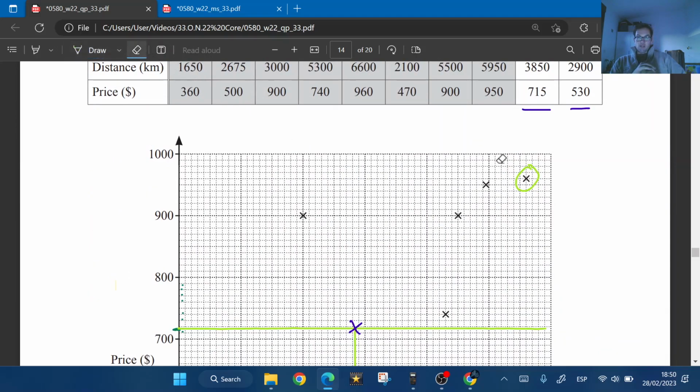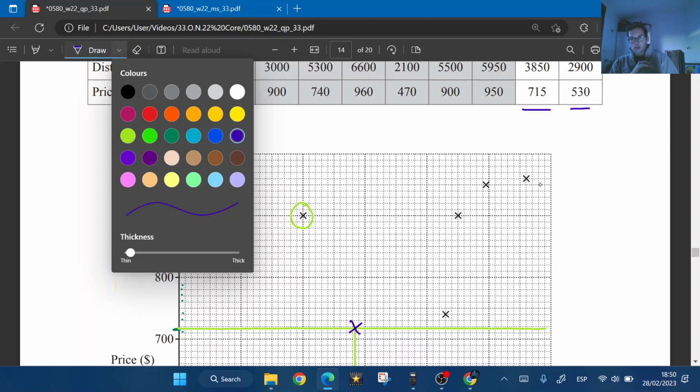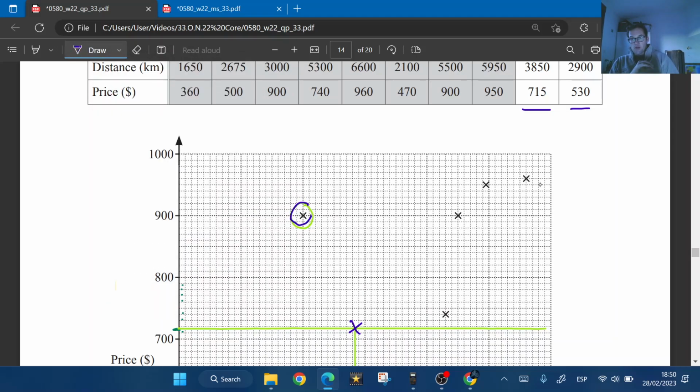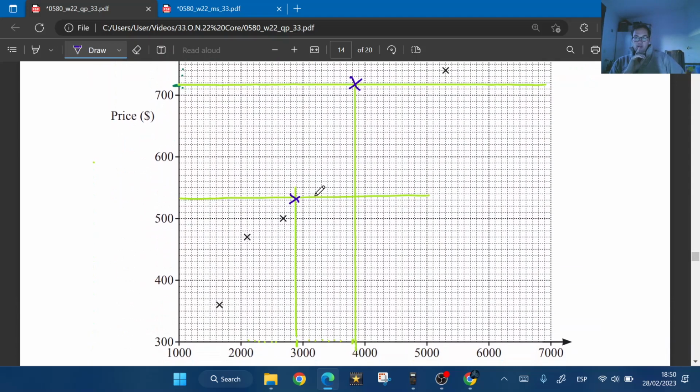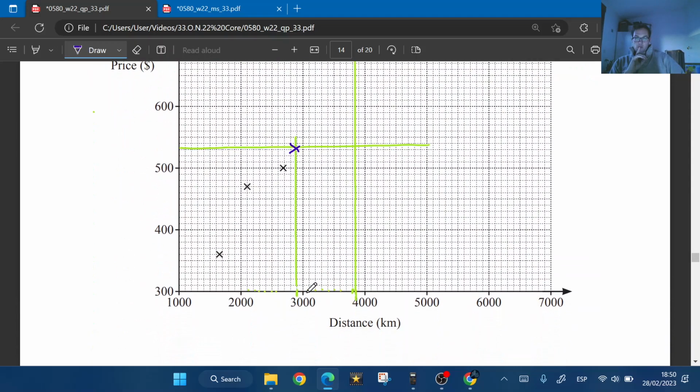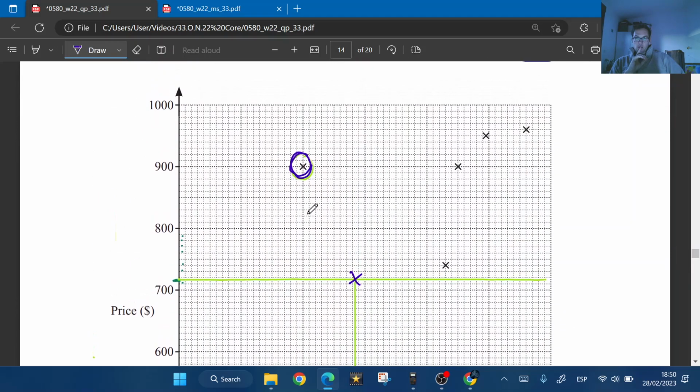It makes sense. I think the one I refer to is this one over here. You can see this one is a bit out, so I'm going to circle this one in pen. Because this one, you're not going that far. You're only going 3,000. These other ones, like this one down here and that one over there, are cheaper, but you're going further.